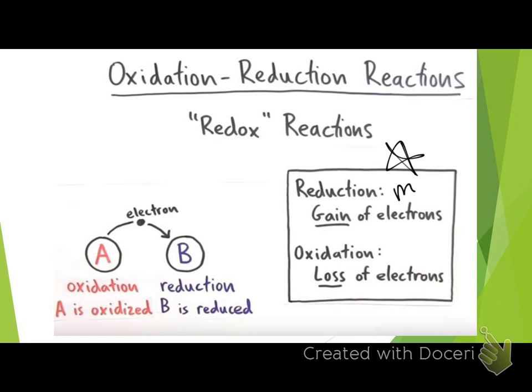It's becoming more negative. So reduction is becoming more negative because they are gaining negative things called electrons. Just the opposite, oxidation is losing electrons. So if you lose negative influences in your life, hopefully your attitude becomes more positive.